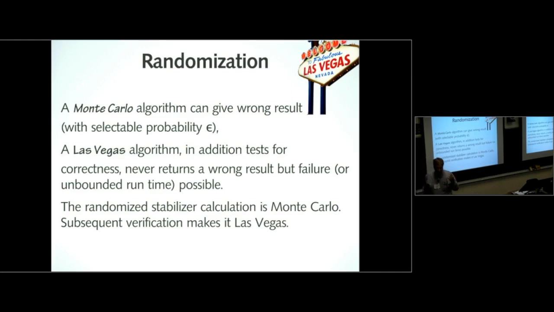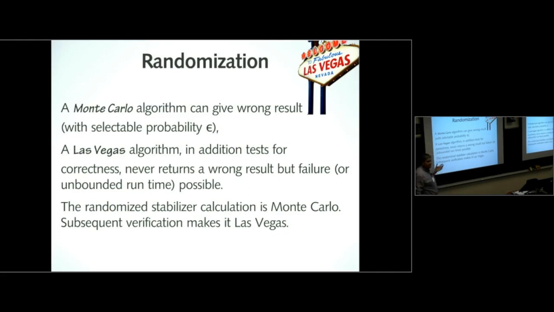Basically the tool there is to not just have a random calculation, but to have a verification afterwards whether the result is correct. With that, one gets a class of algorithms which has been named Las Vegas algorithms. That's basically Monte Carlo plus verification.